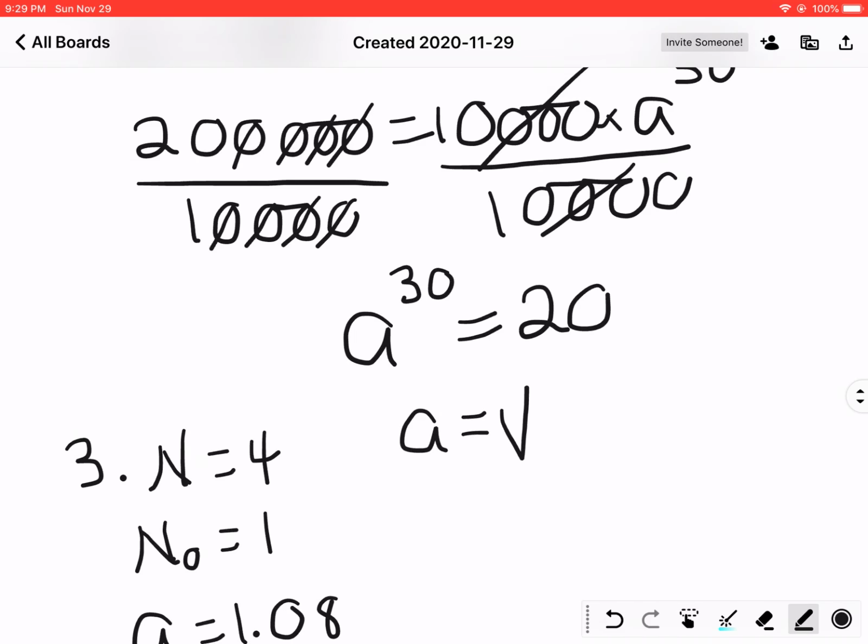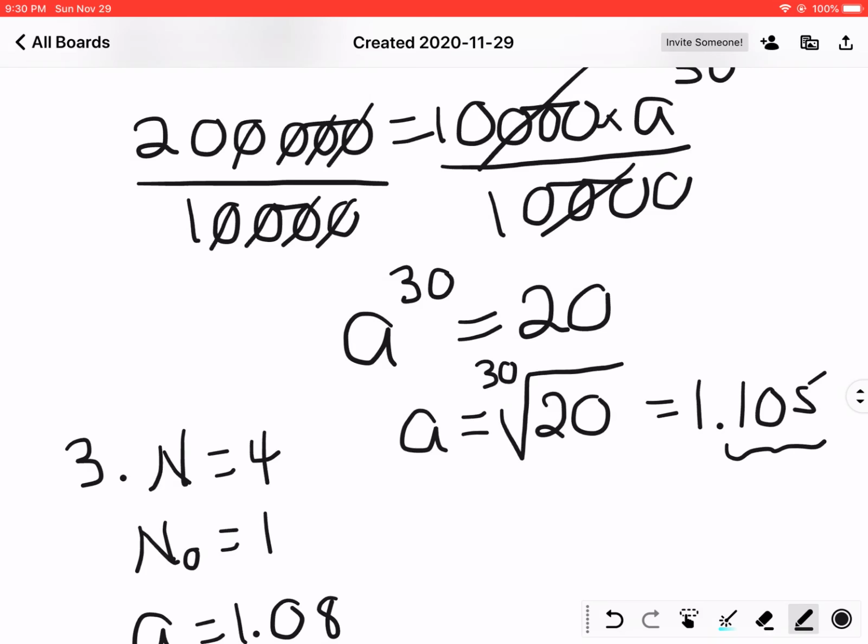And you're going to do this with your calculator. Above the y to the x button, you should see a symbol looking like the square root, but not the square root sign, the root sign with a spot to put x. Anyway, when you do this with your calculator, you should be getting 1.105.